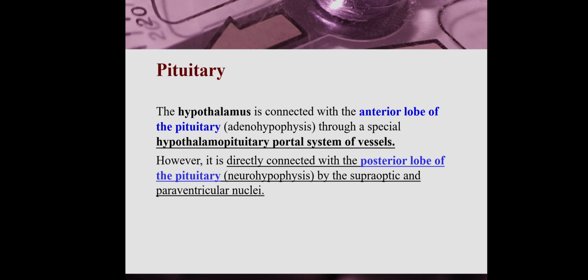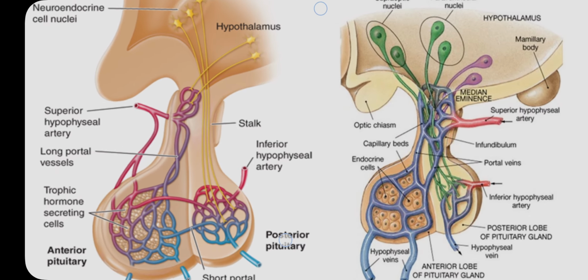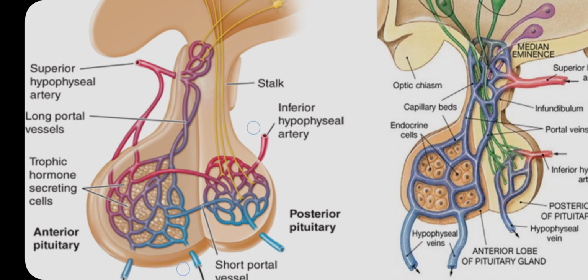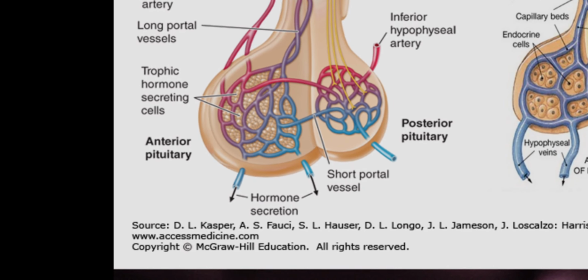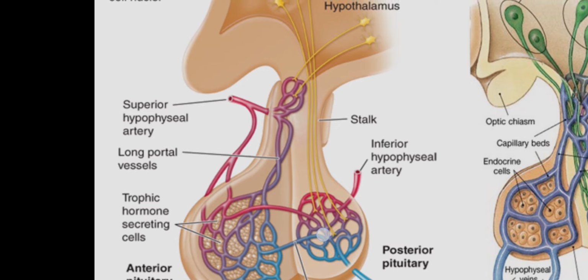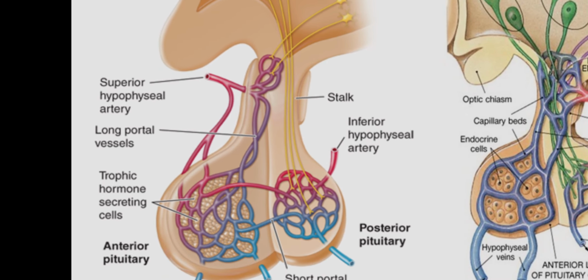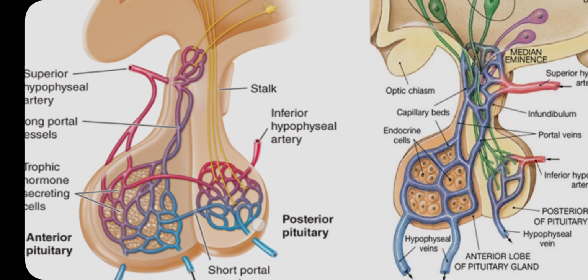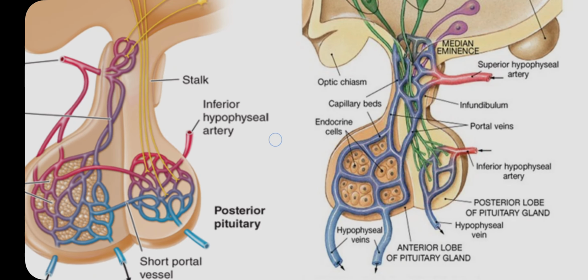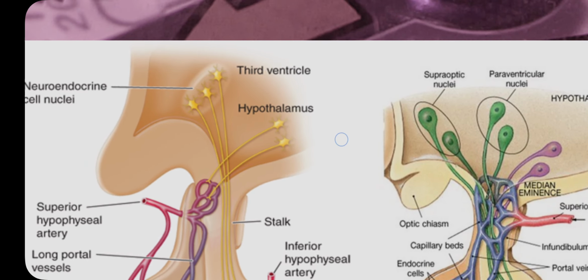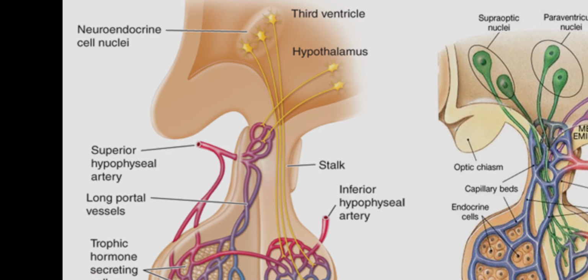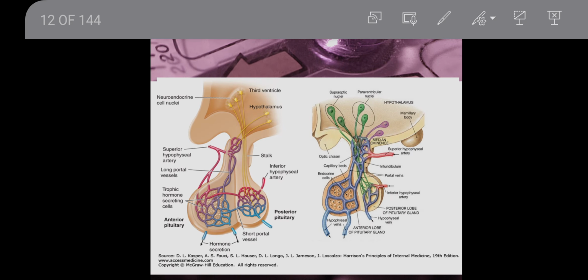So in this way, the hypothalamus is connected to the other parts of the brain and to the pituitary. In the diagram you can clearly see how the anterior lobe of the pituitary is connected with the hypothalamus through the portal system of vessels, whereas the posterior pituitary is directly connected through neural connections to the hypothalamus.